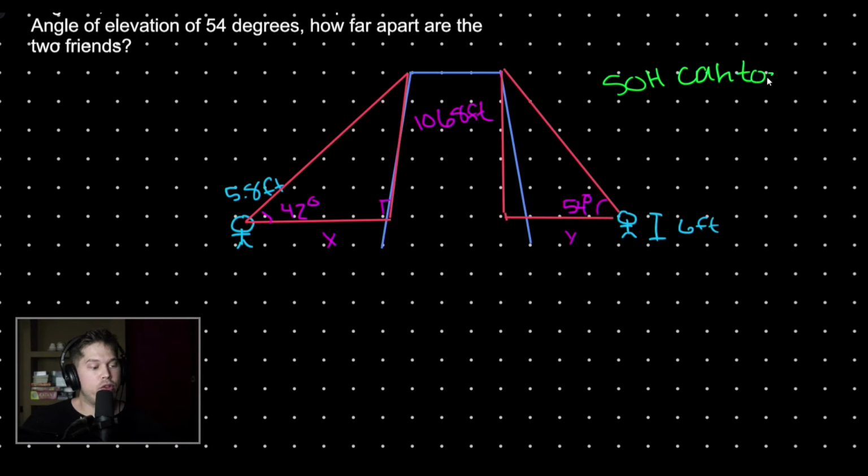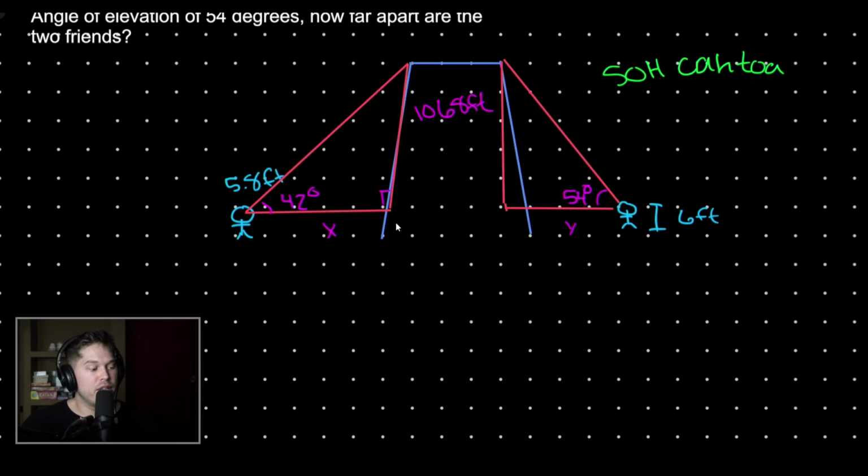And we need to think about which trigonometric function we're going to be using. Here, our opposite is known, and our adjacent is the unknown. So again, we're going to be using the tangent function, where the tangent of 42 degrees is equal to the height.